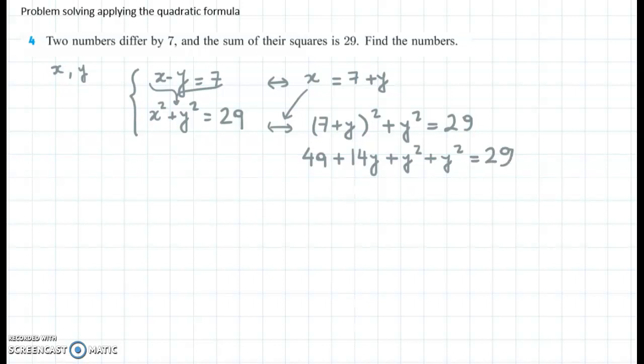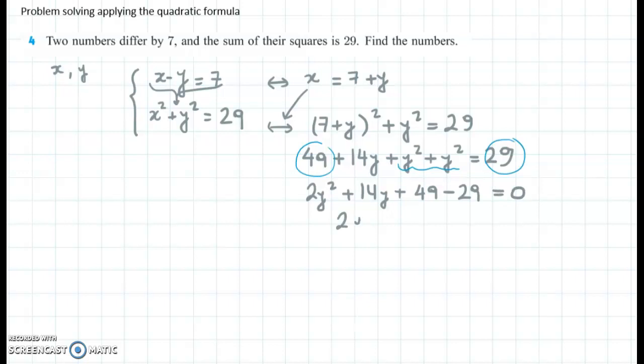So what we have over here, if we collect like terms together, we have 2y squared plus 14y, and then we have 49 and we also have 29 on the other side, so plus 49 minus 29 is equal to 0. So 2y squared plus 14y plus 20 is equal to 0.